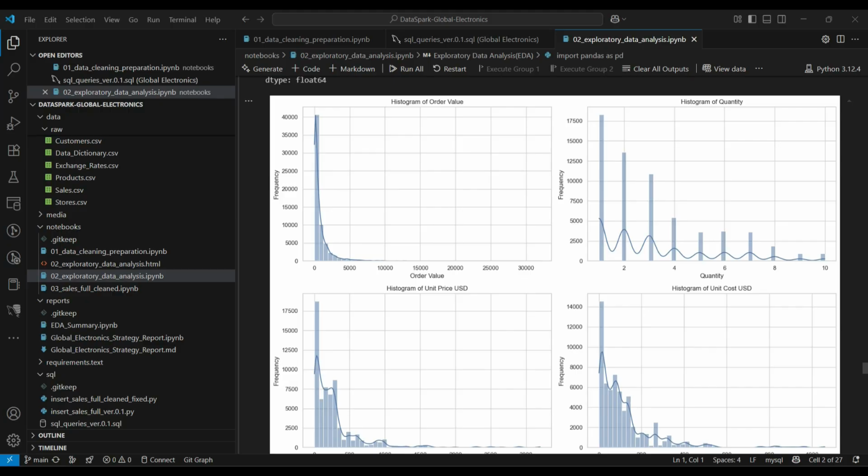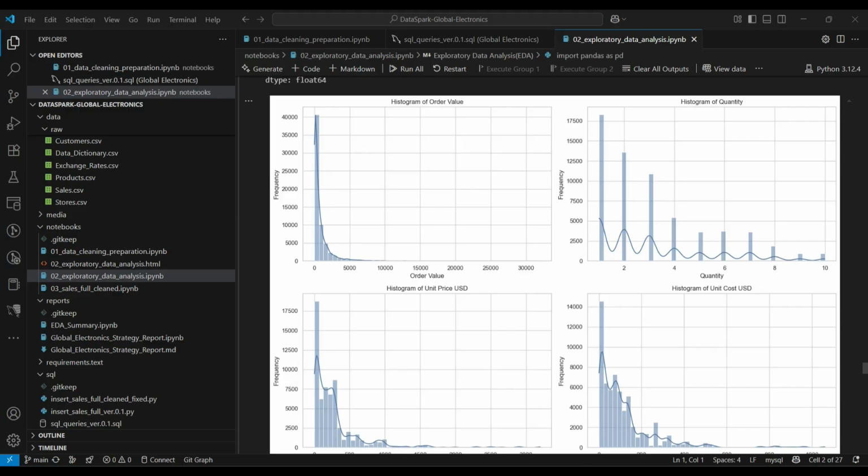Skewness 6.04, strongly positive. Insight: most orders are of low value, but a few high-ticket purchases drive the long tail. Actionable insight: focus retention efforts on customers placing high-value orders. Segment customers based on order value for targeted marketing.